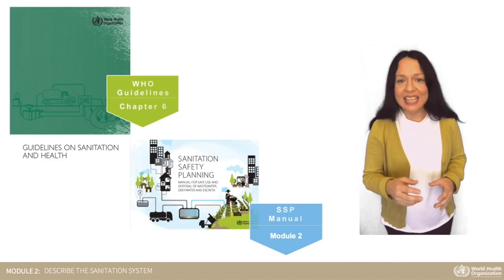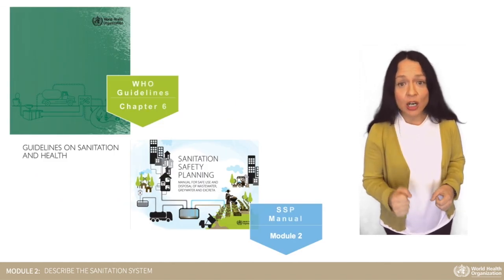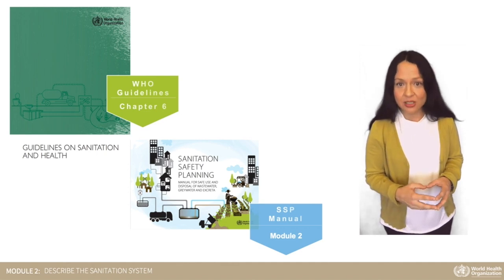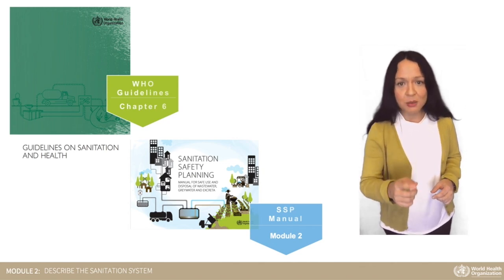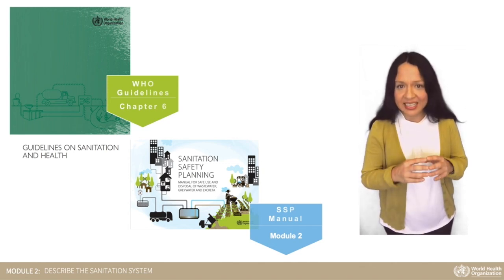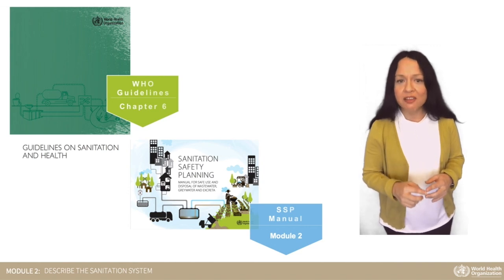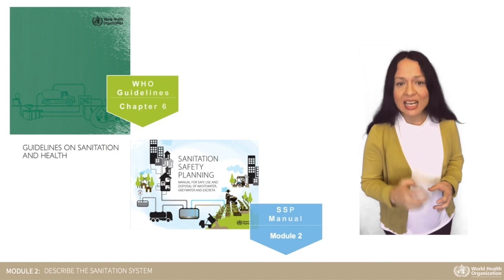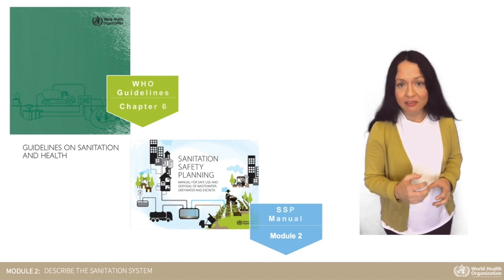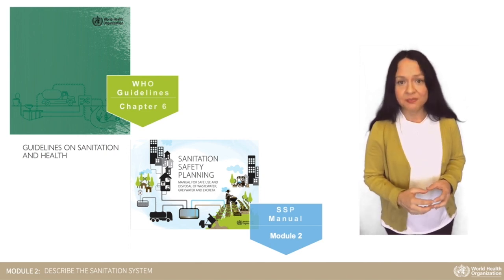I recommend downloading the 2018 WHO guidelines and learn more about pathogenic hazards in Chapter 6. Also, you should carefully read Module 2 of your SSP manual, especially the guidance notes 2.5, 2.6, and 2.7 on compiling biological, chemical, and physical hazard information.